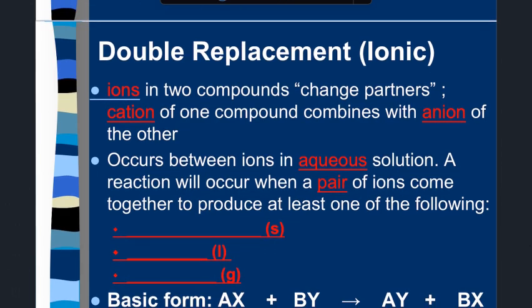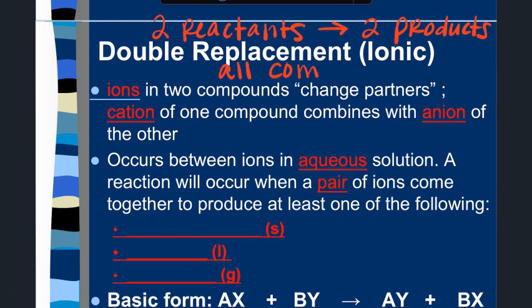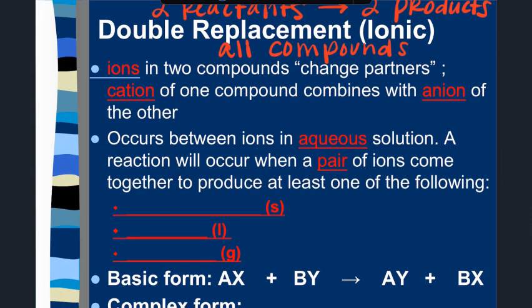How we can recognize a double replacement reaction is we're again going to have 2 reactants and 2 products, which is very similar to a single replacement reaction, but in a double replacement reaction, it's all compounds. So if we see 2 reactants and 2 products and everything is a compound, we know it's a double replacement reaction.